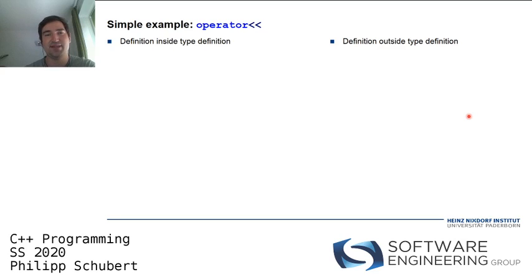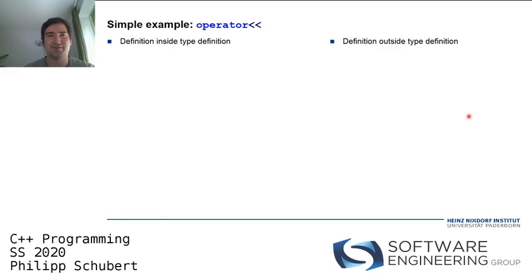Semantically, it all means the same. It's just a matter of personal preference. I already told you in the last lecture that the output stream operator is, of course, not a member function. It's a binary operator which can be used to write a certain type to the character output stream. And if you really wish to define it inside of a type, you have to use the friend keyword. So that's what I already told you.